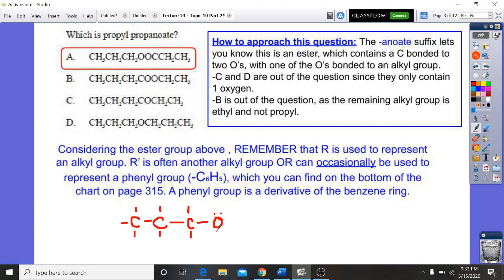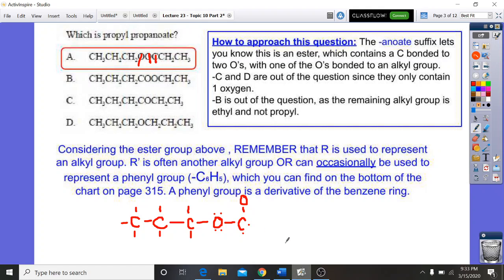O's do not bond to each other. So that must mean that this O is bonded to this C here. So I'm going to put this C, and this C must be bonded to the other O. So I'm going to put the O here. And now it has these two here.